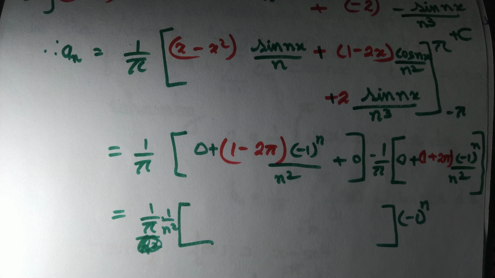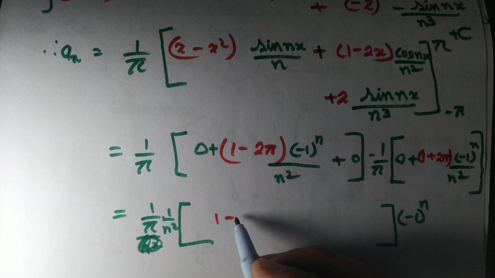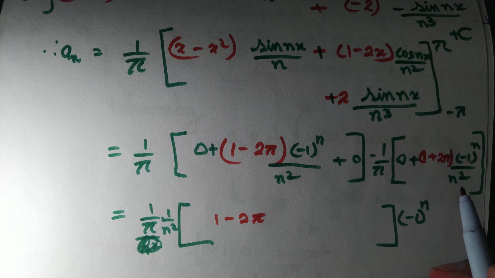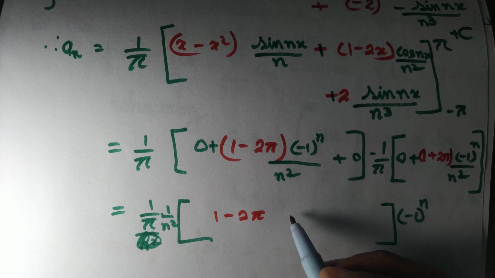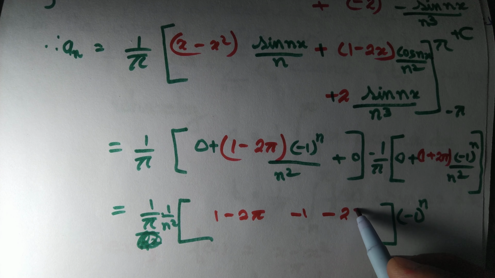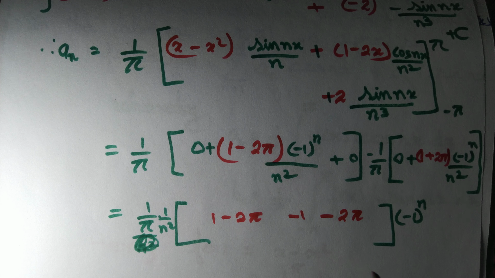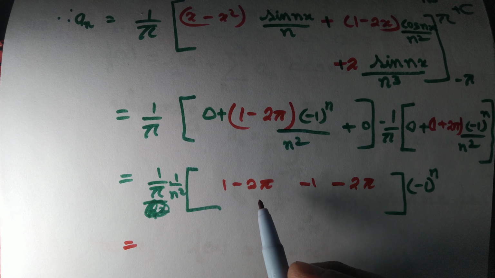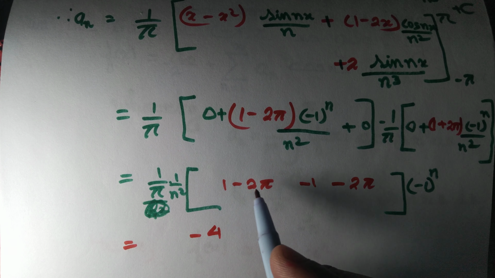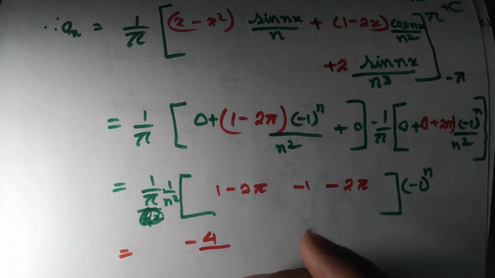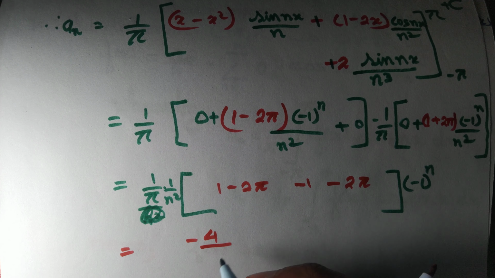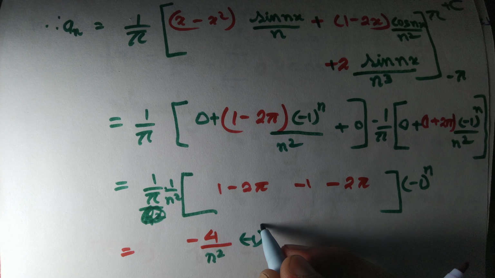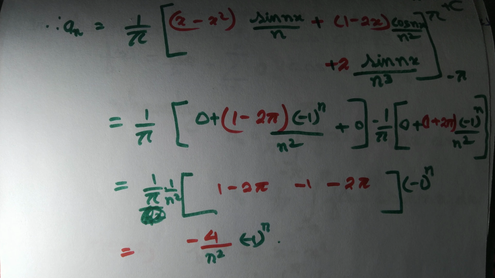So we are left with just 1 − 2π here, (−1)ⁿ/(n²π) we have taken common, here you have −1 − 2π. So 1 and −1 will get cancelled. Then π will also get cancelled, so this is equal to −4/n² into (−1)ⁿ. Well done, we have computed a_n.